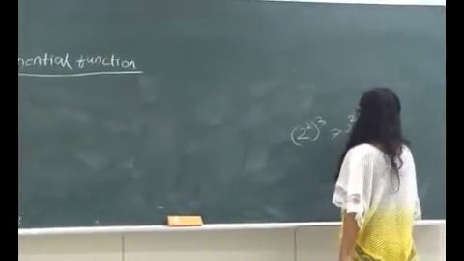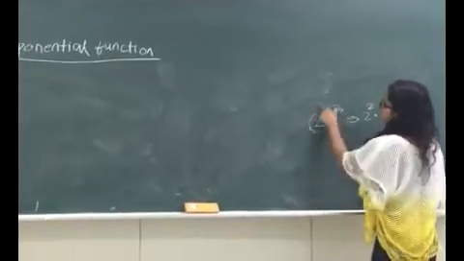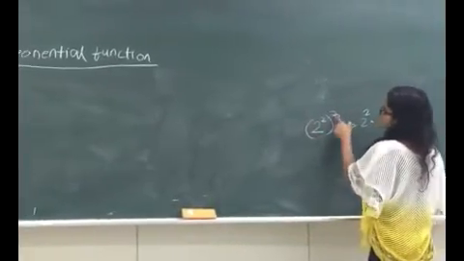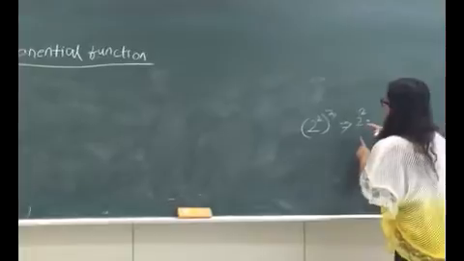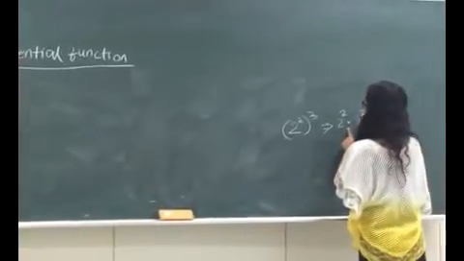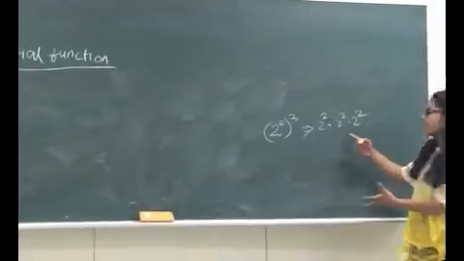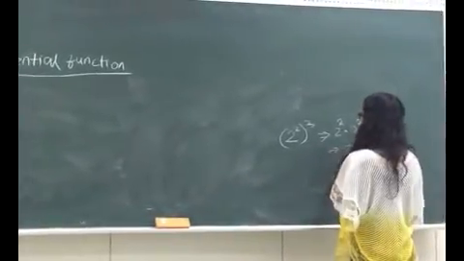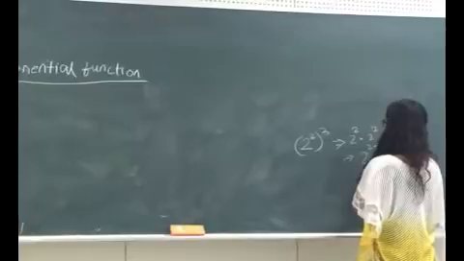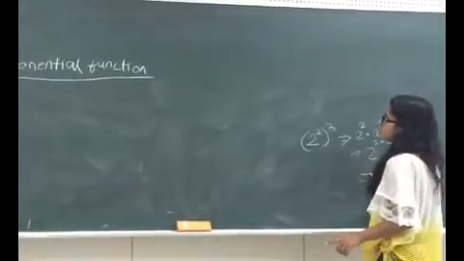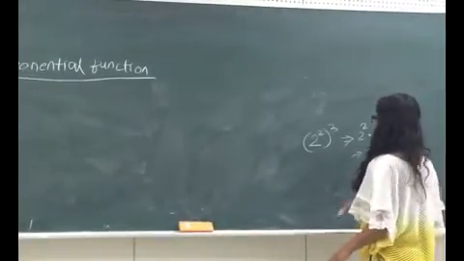2 to the power 2 cubed means that 2 squared should be multiplied 3 times. That means 2 squared into 2 squared into 2 squared. So from the formulas that we derived, we can write it as 2 to the power 2 plus 2 plus 2, which gives 2 to the power 6.